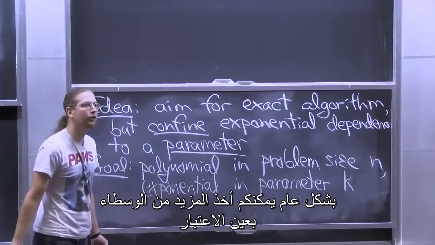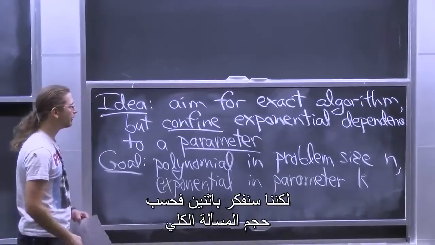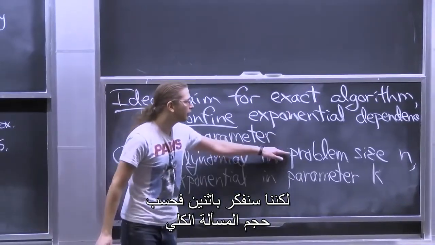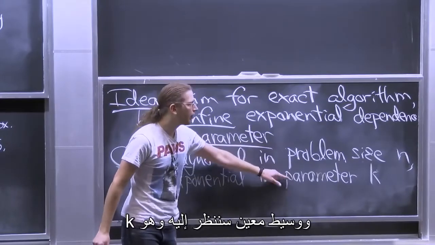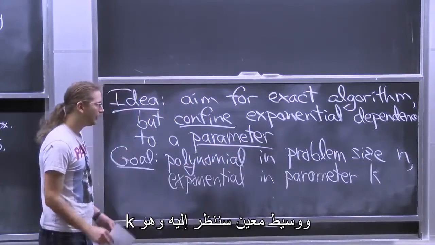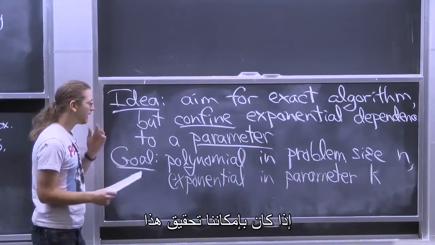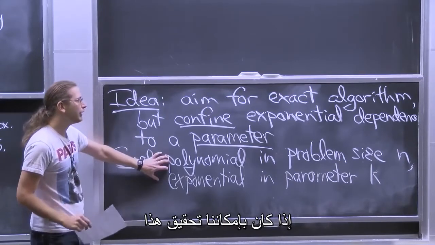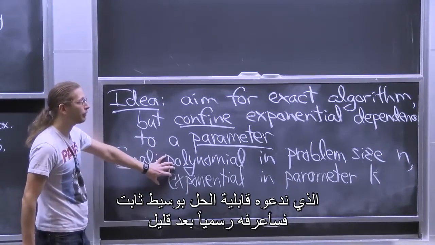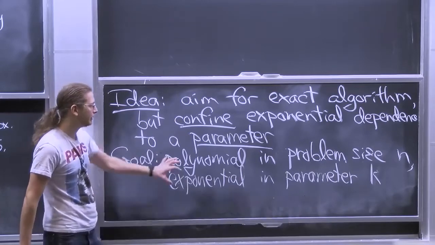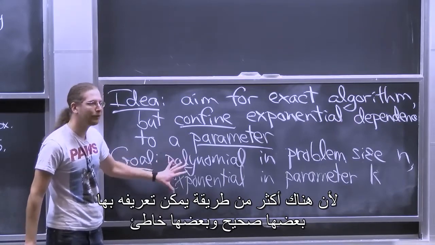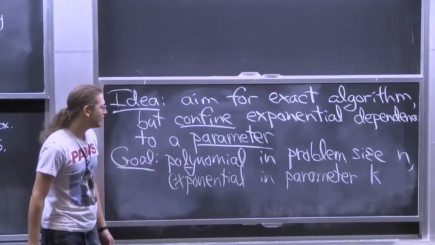In general, you could consider more parameters, but we're just going to think of two. The overall size of the problem and some particular parameter that we look at called k. So if you can achieve this, which we'll call fixed parameter tractability, I'll define it formally in a little bit because there's more than one way you might think of defining it. Some are right, some are wrong.